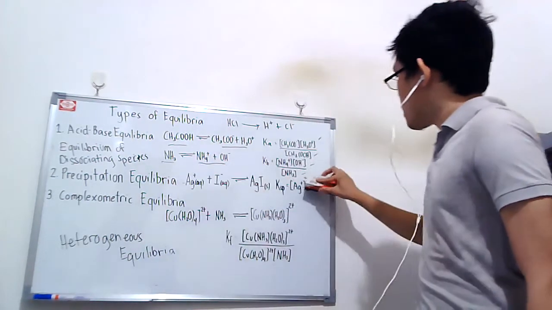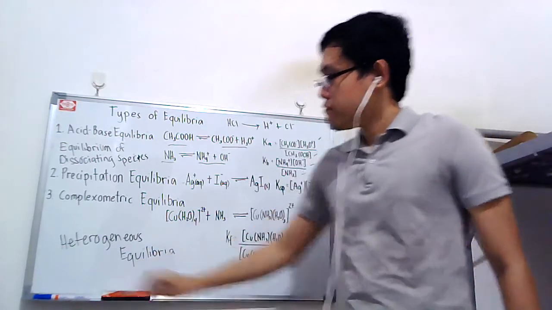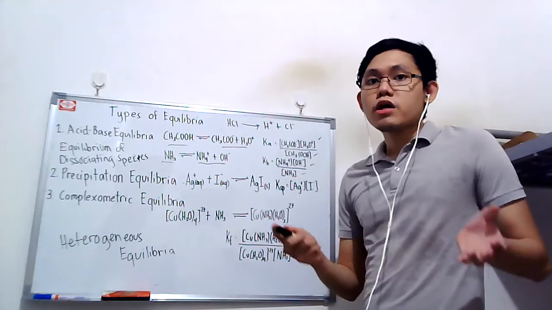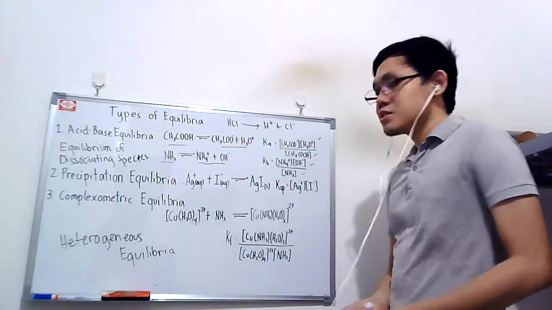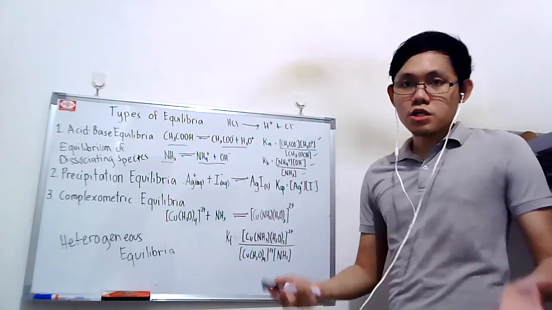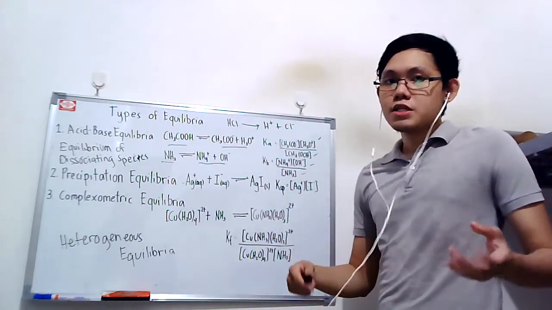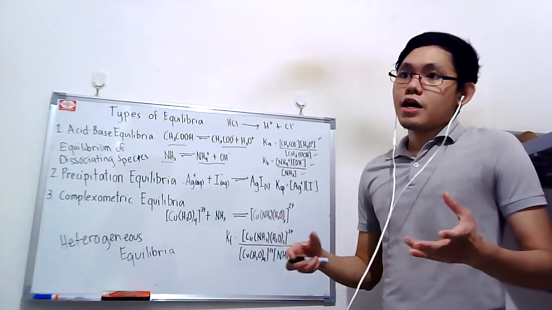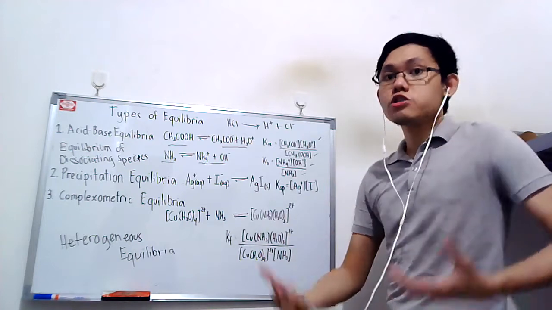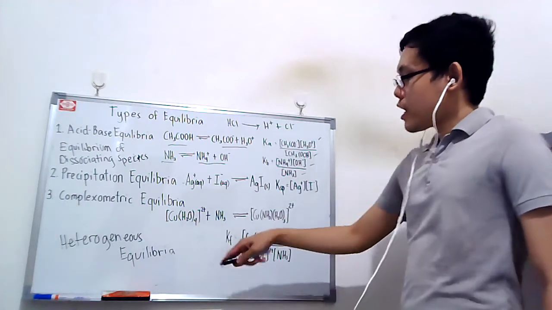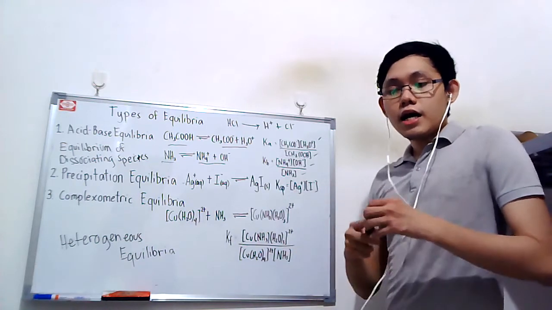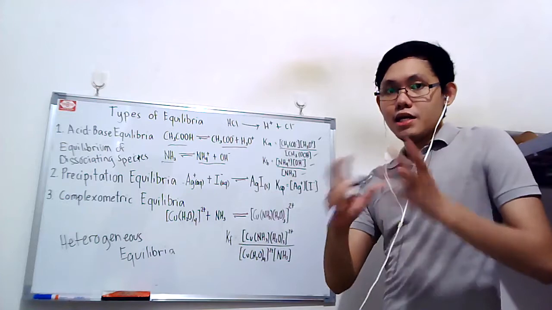So then, for the last one, we have complexometric equilibria. Ito yung formation ng complexes. Complexes, I don't know if this was already discussed with you, but complexes are definitely some compounds which have bright colors or colors in general. Ito yung meron kang central metal ion, and then naka-complex siya with ligands.